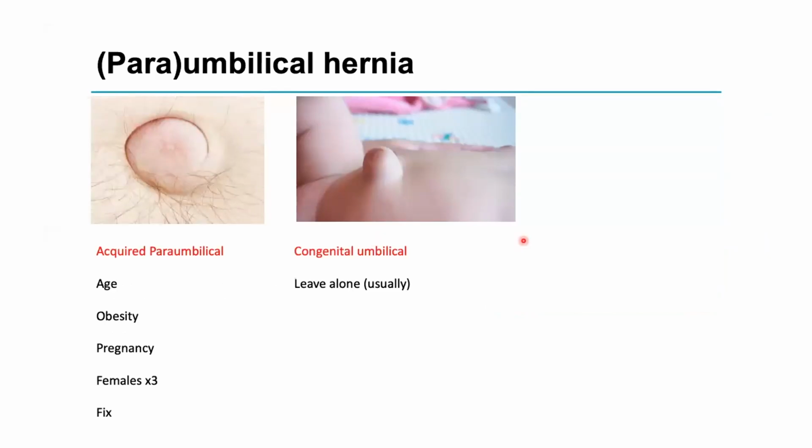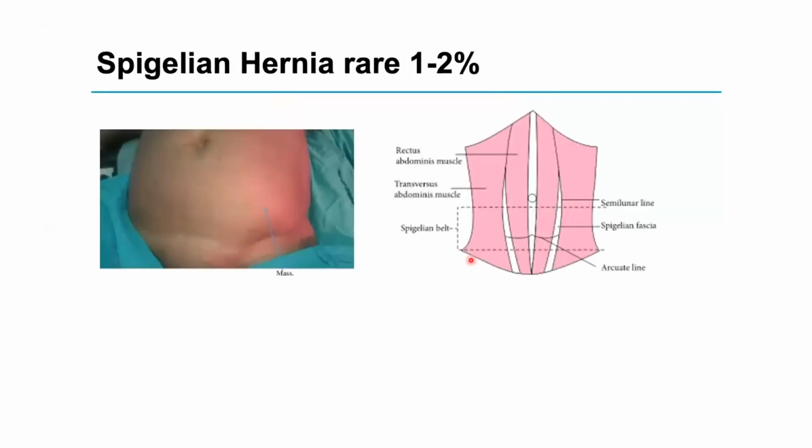Paraumbilical hernia is really quite common, which gives rise to this appearance around the umbilicus. These are the risk factors, commoner in females than males, and we would generally fix those if they were giving rise to symptoms. We're not going to talk about congenital umbilical hernia today, but these hernias in babies or neonates usually resolve spontaneously.